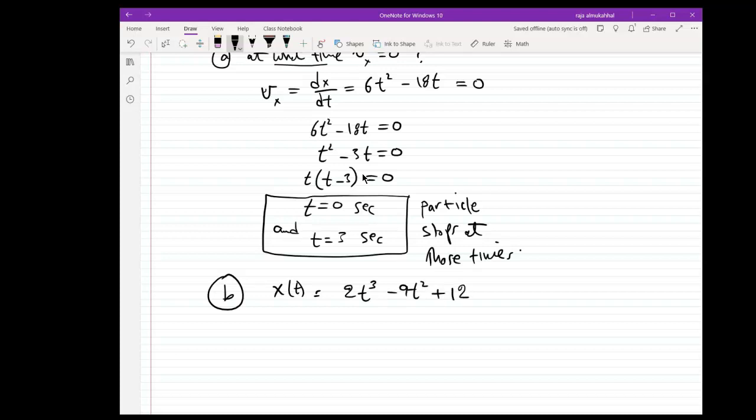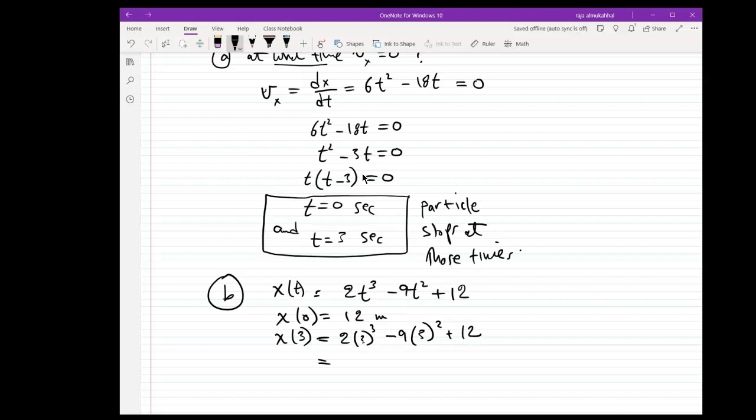Okay, and he said, what are the particle's position and acceleration at those times? Well, we go x of 0, so that will be 12 meters, right? And x of 3, you can just plug it in. So you have 2 times 3 cubed minus 9 times 3 squared plus 12. We can calculate that.